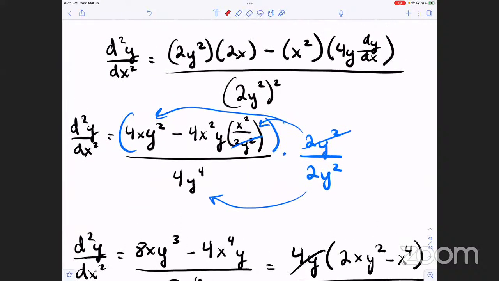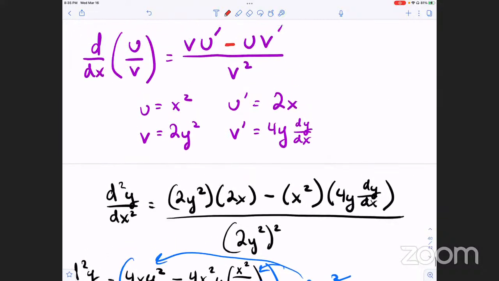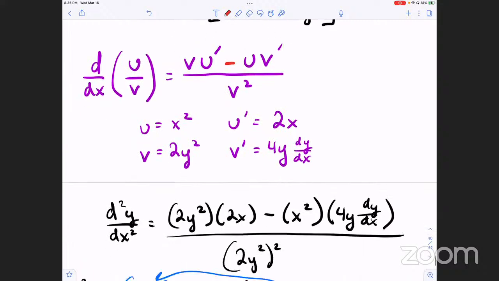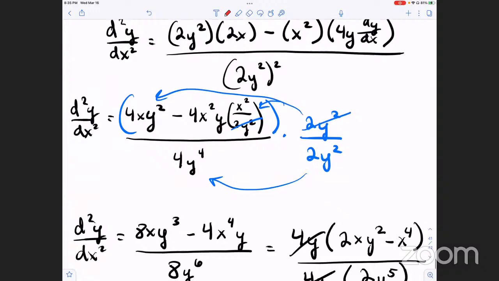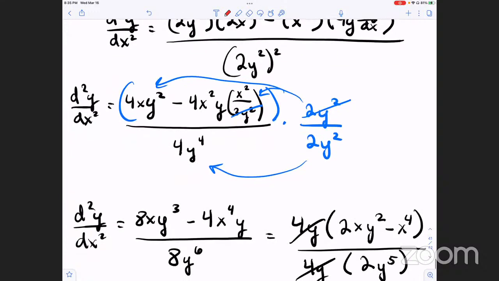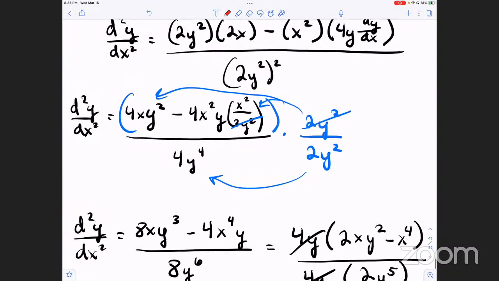So then we expand it, we got our 4xy squared, we got minus 4x squared y times dy by dx, which is x squared over 2y squared. And then when you square that, 4y to the 4.